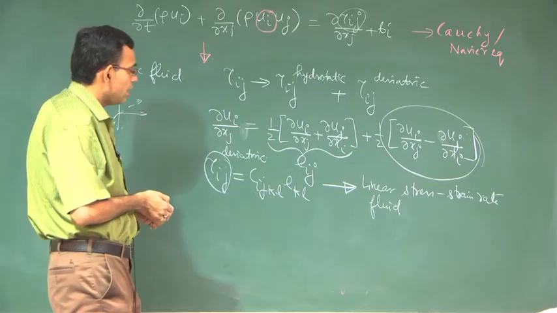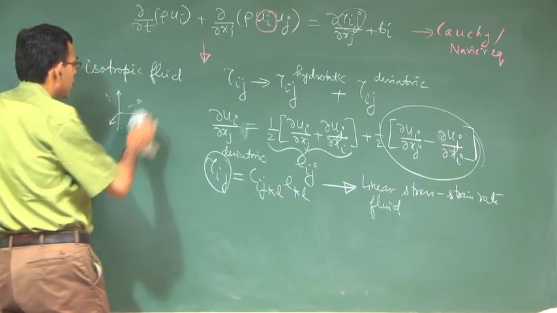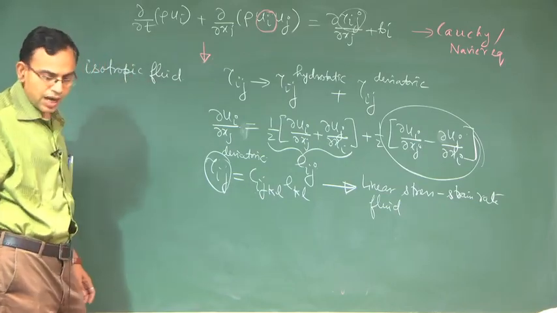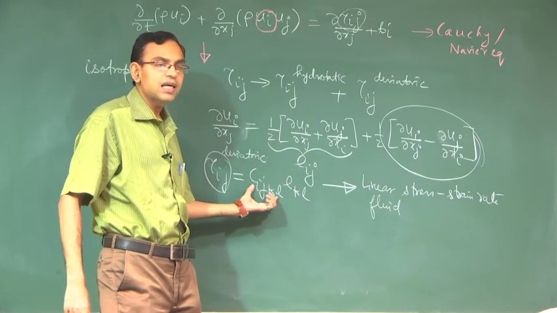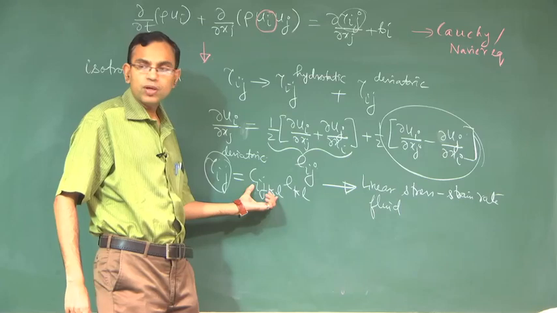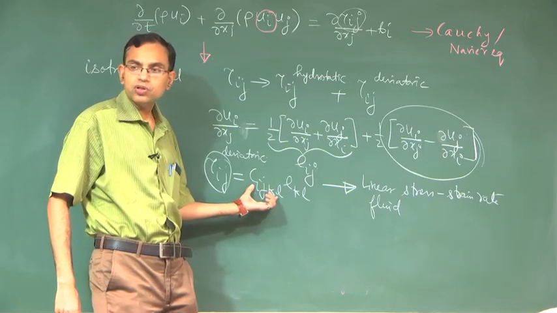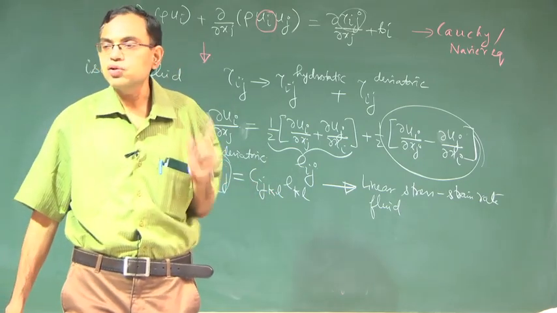and when it is isotropic, we will try to form an isotropic scalar starting with C_ijkl. So, we want to convert this C_ijkl, a fourth order tensor, to a scalar, then we will consider isotropic scalar.